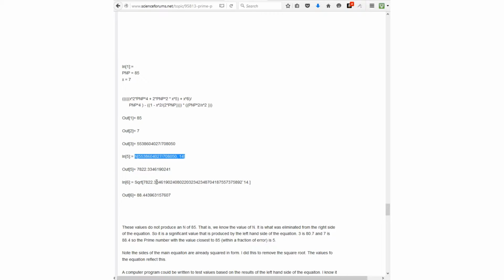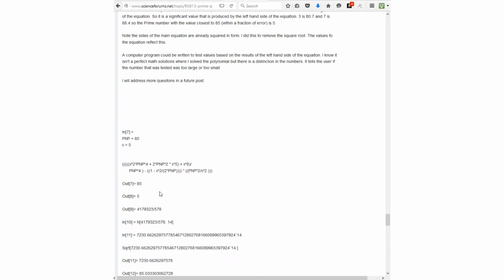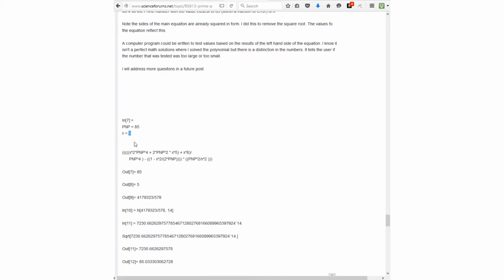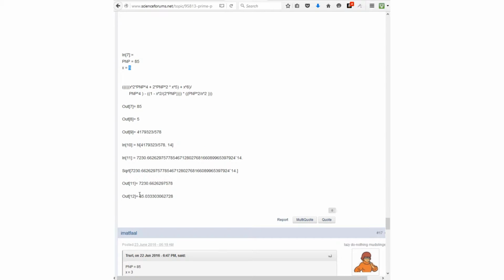And we take the square root of that, and we get 88.4436315 right here. We get this, and it's larger than 85. So then we try x equals 5, and it solves it with an 85 value within reasonable error.